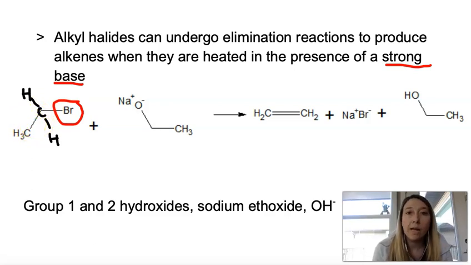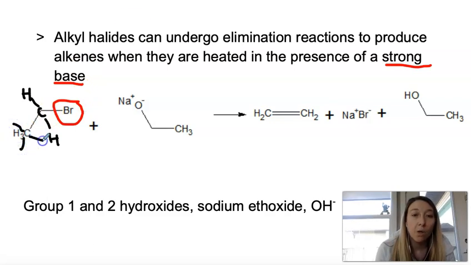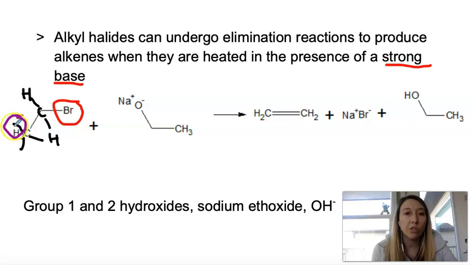The only way to do that, and this is all written compressed, but if we pretended that those 3 hydrogens were all hanging out, is to take one of these away, right? And that hydrogen is going to go with this oxygen here, because hydrogen technically has a positive charge, this oxygen has a negative, and opposite charges attract each other. That's why on the product side you're going to see that it's HO, and then there's that same kind of part to that molecule, okay?